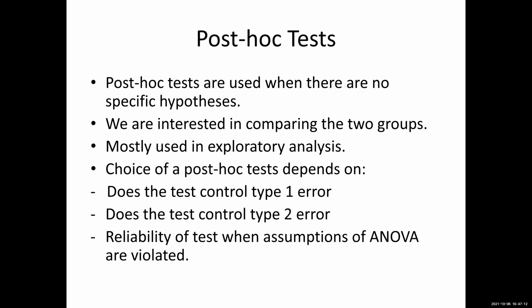And type 2 error is when you get a false negative result, which means you accept H naught when it is actually false in the population. Also, if the assumptions of ANOVA are violated, which tests are most reliable?